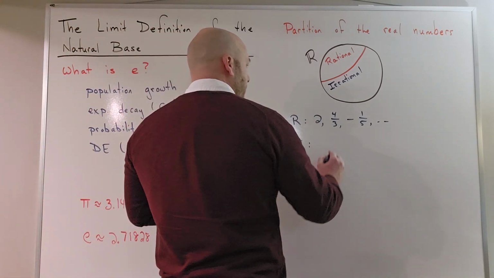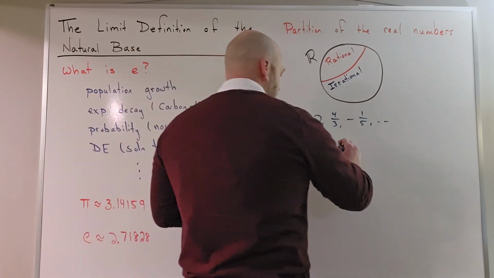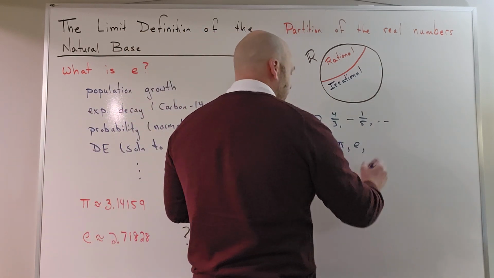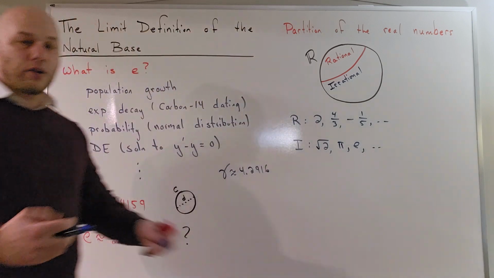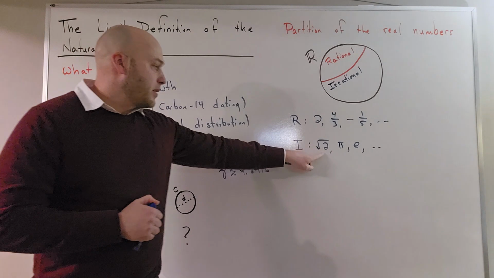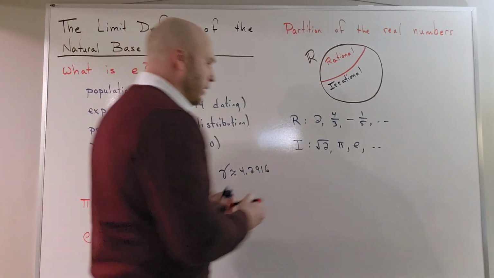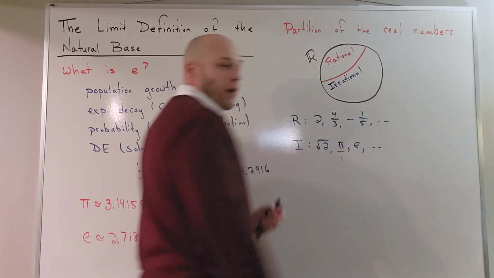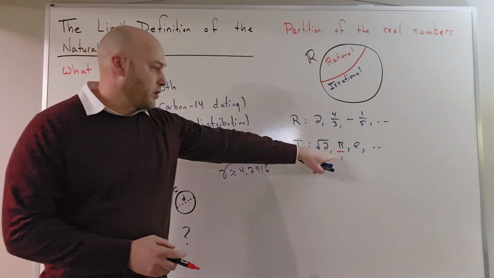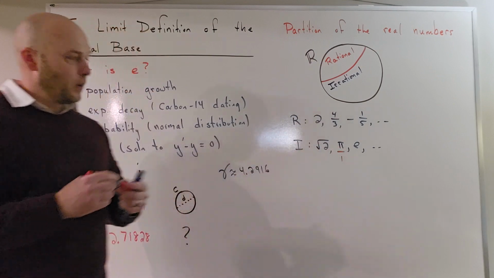Irrational would be things like the square root of 2, or pi, or e, etc. Those are irrational numbers, which means I cannot write these as the ratio of integers. I've heard somebody say, well, pi can be written as pi over 1, so why is that not rational? Well, this is a ratio, but it's not the ratio of integers, so this is still irrational.